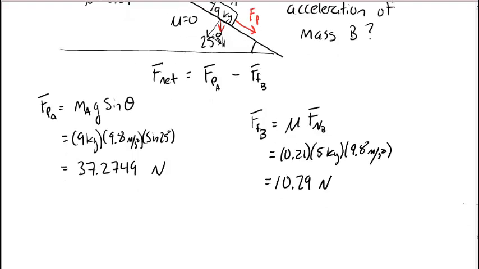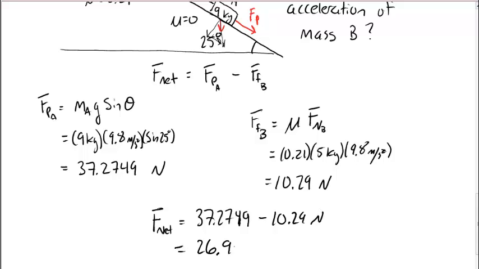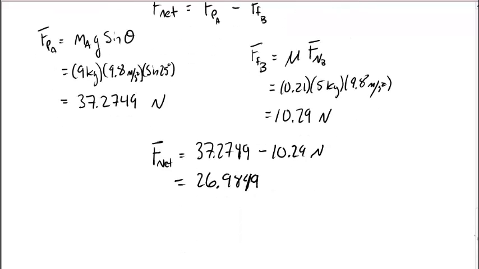So we have the two forces, and to find the net force, and that will be my parallel force on A. And my pen's not working too well here. So that's the net force, and so the acceleration, and remember that acceleration will be the same for both masses.